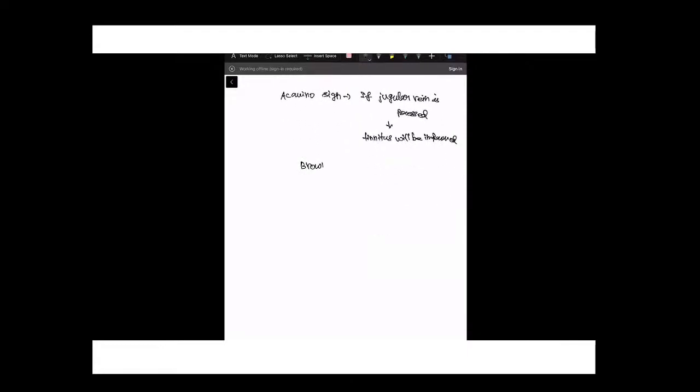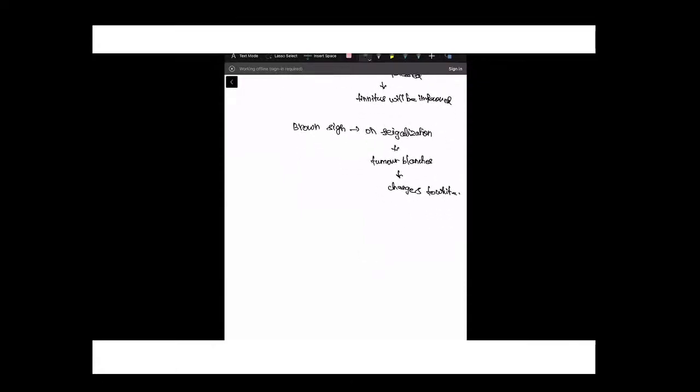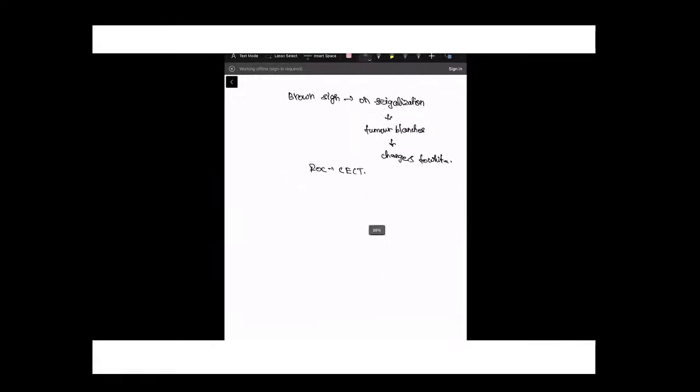Then we have Brown sign, where using Siegle's pneumatic otoscopy, the tumor blanches and changes color to white. Investigation of choice is going to be contrast enhanced CT.